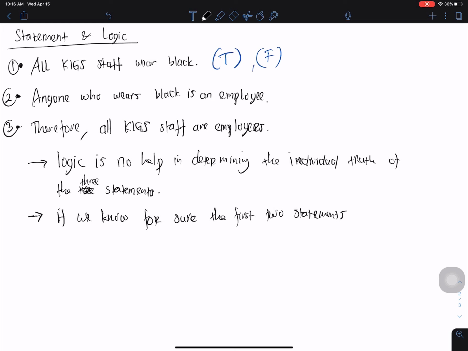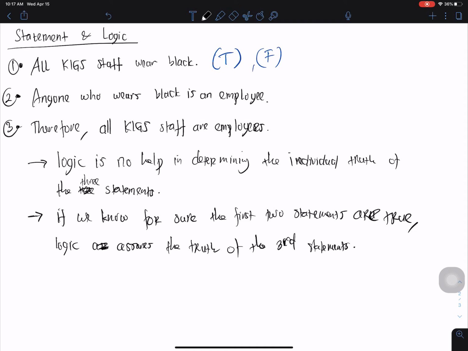So if we know for sure the first two statements are true, then logic assures the truth of the third statement. Do you understand? Okay, coming back to the first one.